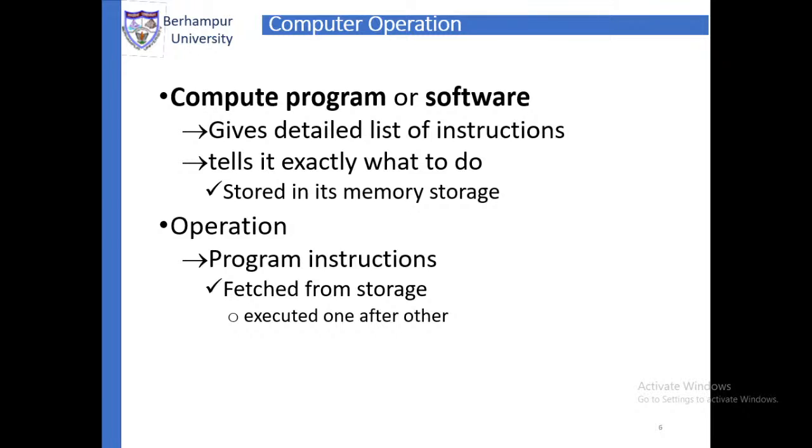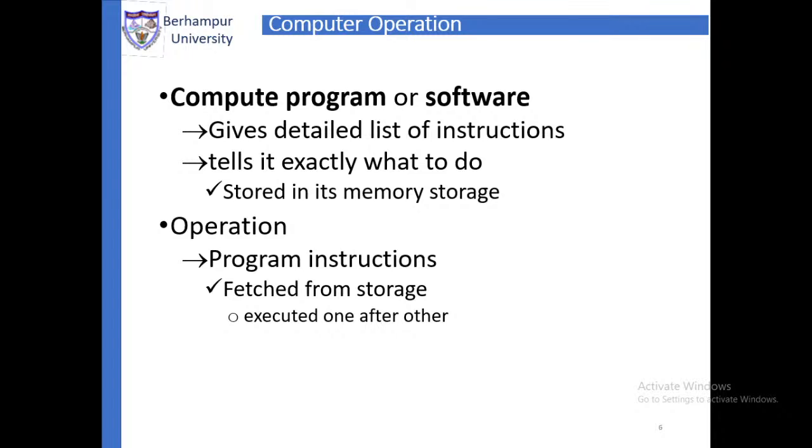When you switch on the computer, depending on the requirement, like you are switching on, it is said to boot. It is sleeping, now it is waking up, so it is said to boot. When it is booting, it will use the operating software to boot. So that is why it will go to the software. Whatever instructions are in the software, those instructions will be carried out by the computer.